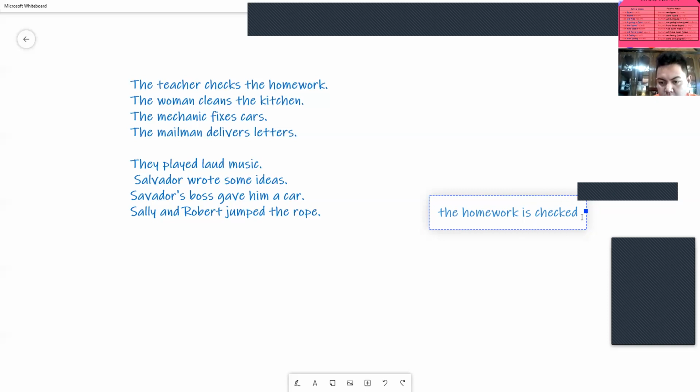The homework is checked. Ujú. The teacher. Ok, pero ¿qué necesitas para indicar el que hace la acción? Remember that you are indicating the doer of the action. ¿Cómo indicas quién hace la acción?